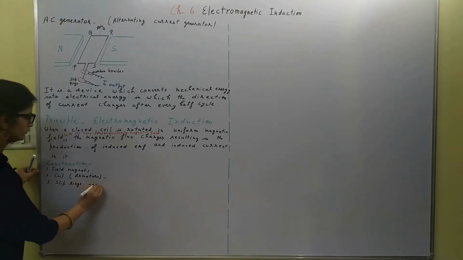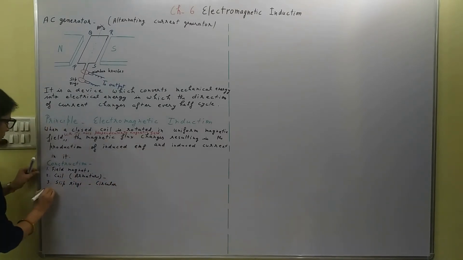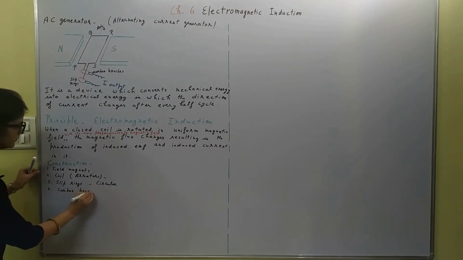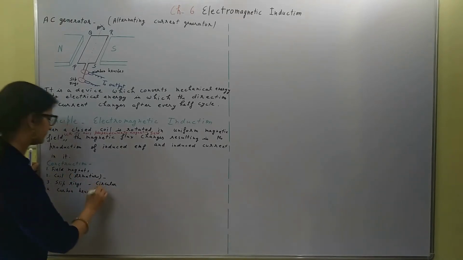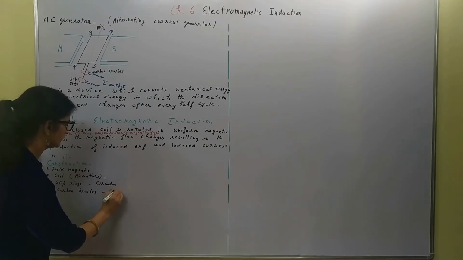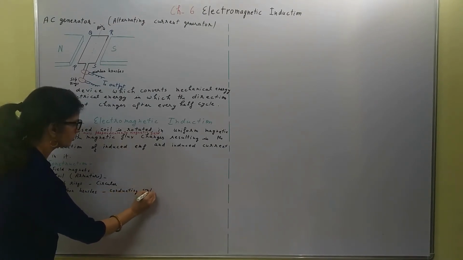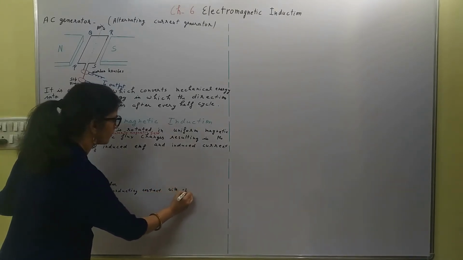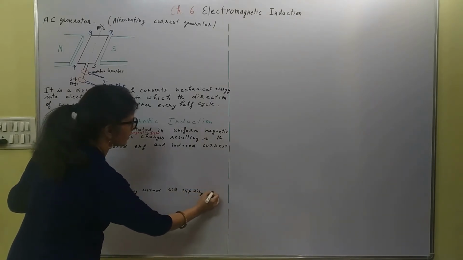Slip rings are circular. Then we have carbon brushes, which make conducting contact with the slip rings, right?